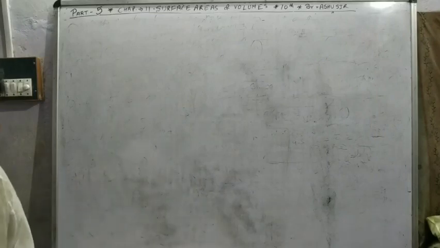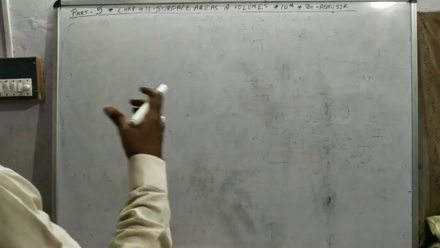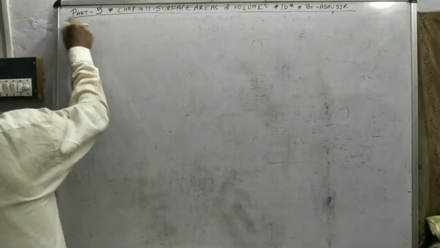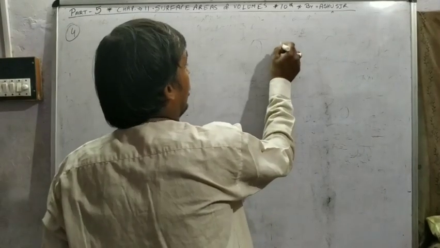Okay. The internal and external radii of a hollow sphere are 3 and 5 centimeter respectively. The sphere is melted to form a solid cylinder of height 2 whole 2 upon 3 centimeter. Find the diameter and the curved surface area of the cylinder. What is this?